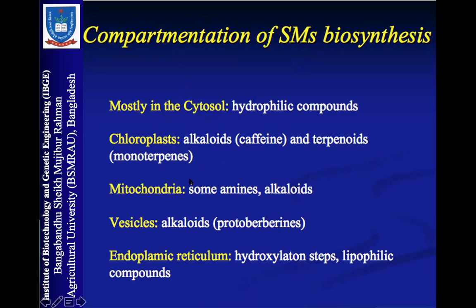Chloroplast is an organelle, cytosol is an organelle, and mitochondria store some amines and alkaloids. Vesicles store alkaloids, and the endoplasmic reticulum is for hydroxylation steps or lipophilic compounds. So a plant or any other organism has a mechanism to store those molecules in certain organelles in the cell.